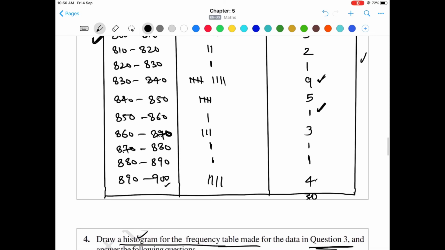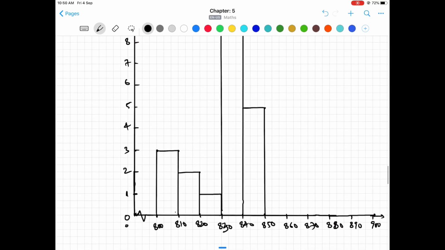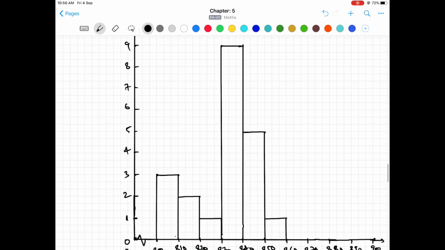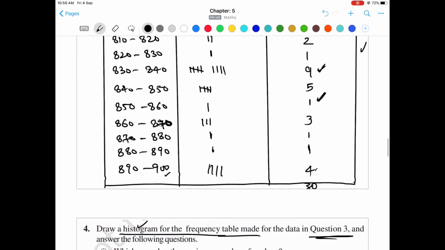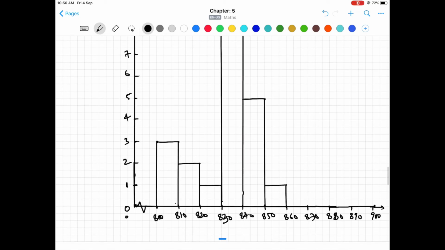Next one is 850 to 860 is 1, so this will be only up till here. Next 860 to 870 is 3, so this will be raised up to 3 here.